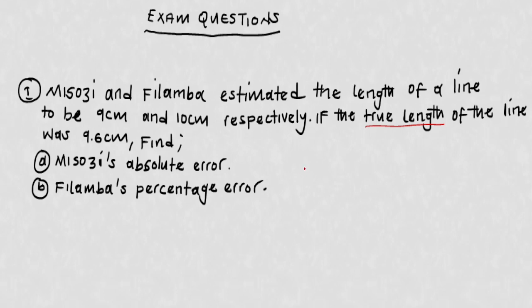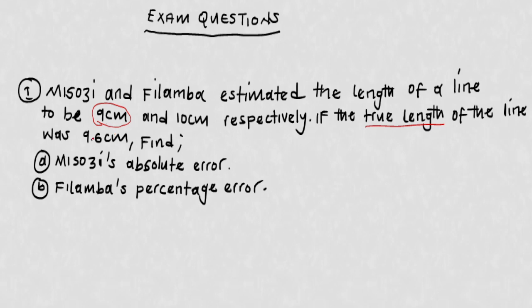So we're going to do this. They've given us an estimated value. Our interest here is Misozi. Misozi was the first name that came, and the first number that came was 9 centimeters. So this simply means the estimated value that Misozi had was 9 centimeters.